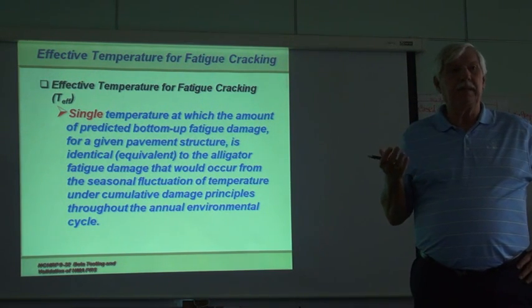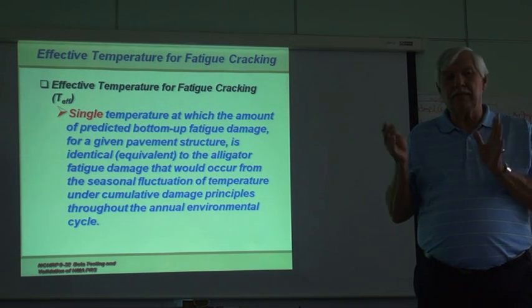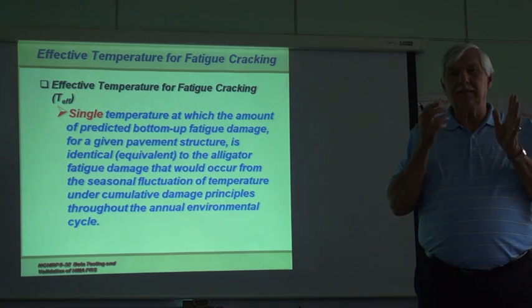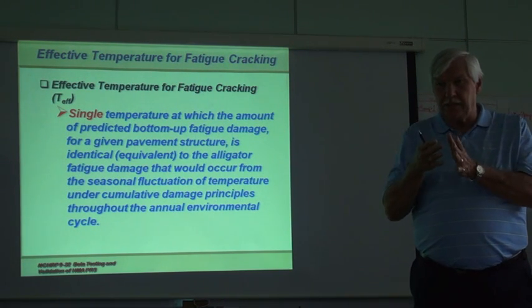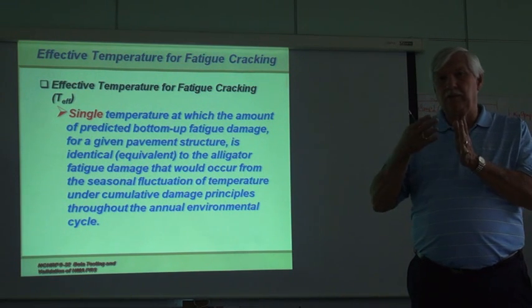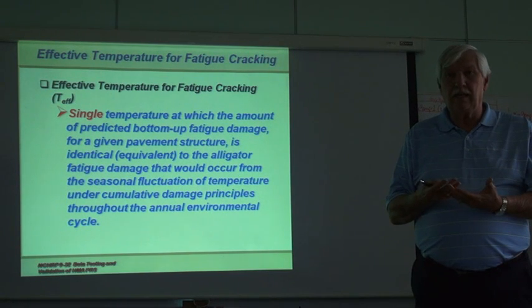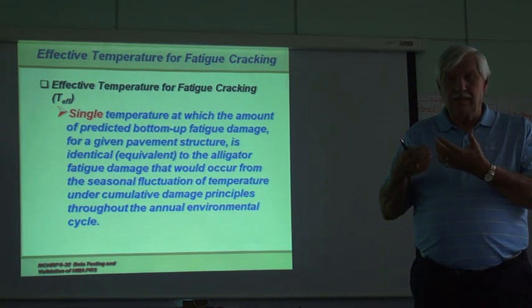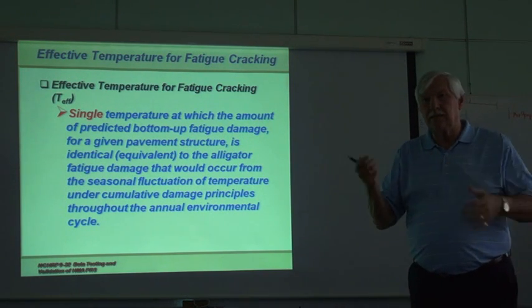When we do the MEPDG, I don't know if you realize this, in a typical design life we'll do maybe 70 to 80,000 stress and strain calculations of the pavement every 2 weeks at a variety of locations in the XY plane and Z plane. And we're going to be changing modulus due to seasonal and temperature effects. We'll do 70,000 changes in the modulus to come up with the damage.